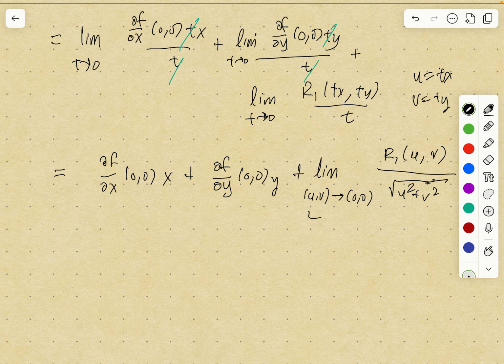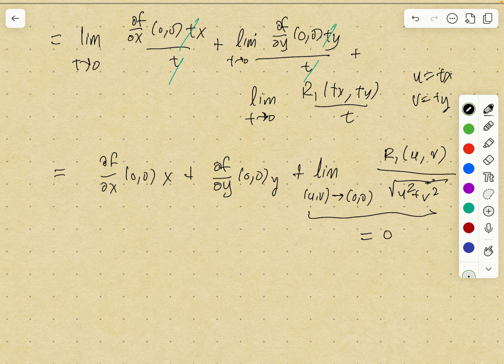Now what is this limit equal to? This is where you use the fact that your function is differentiable. Your r1 has the property that this limit of the quotient is equal to 0.